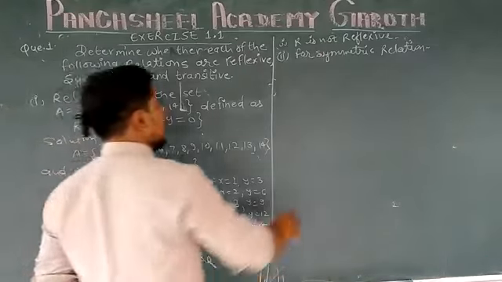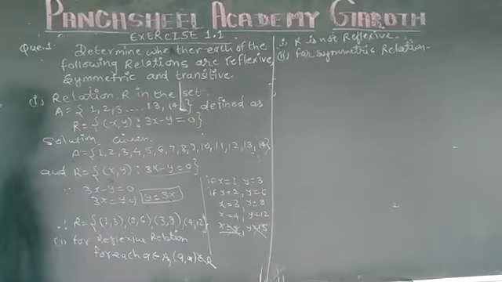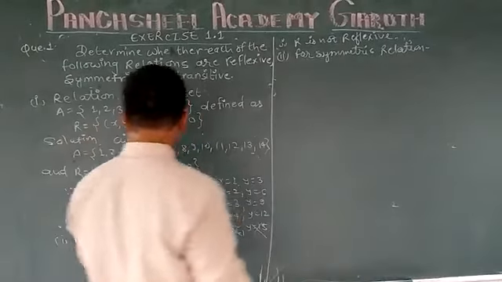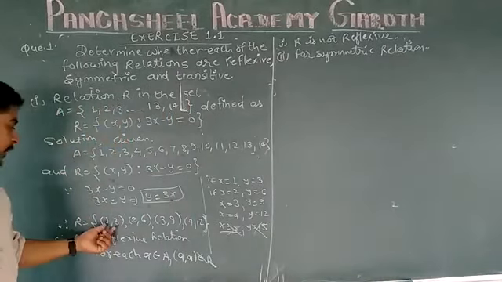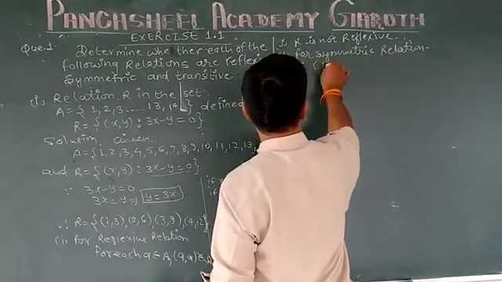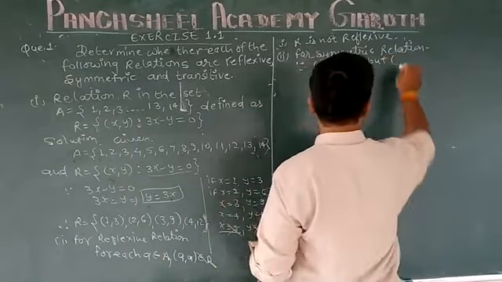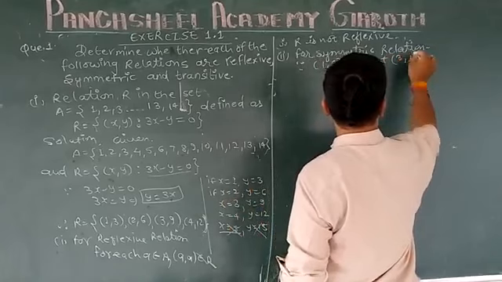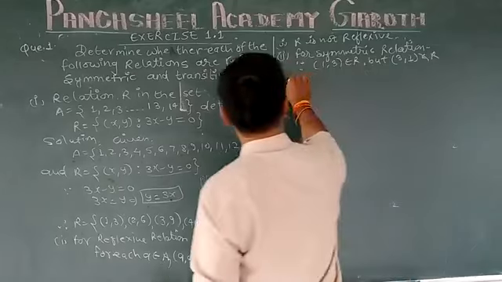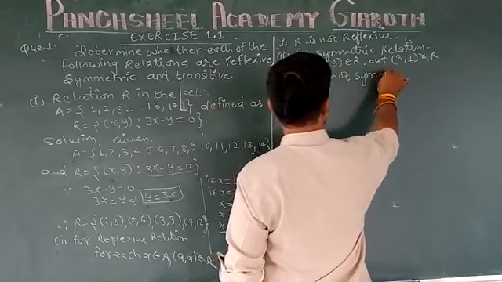For a symmetric relation we can take any ordered pair from R. Since (1, 3) belongs to R, but its symmetric ordered pair, that is (3, 1), does not belong to R, therefore R is not symmetric.